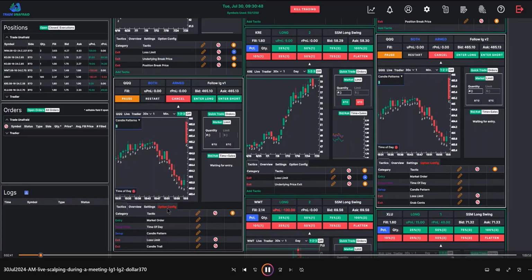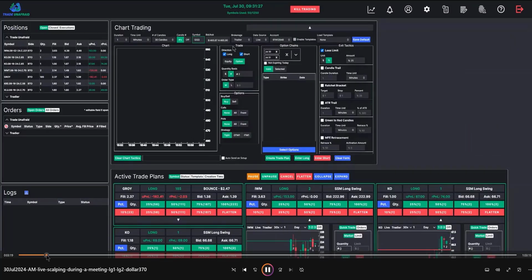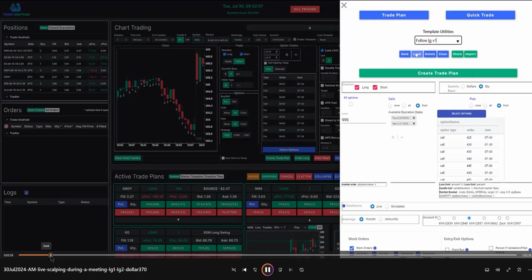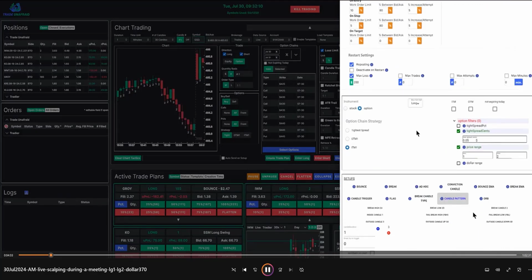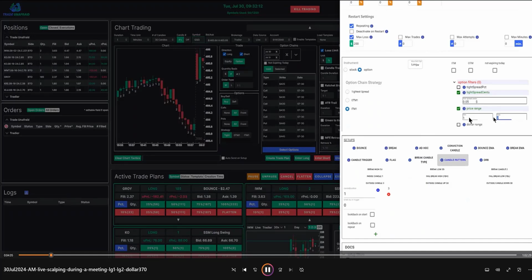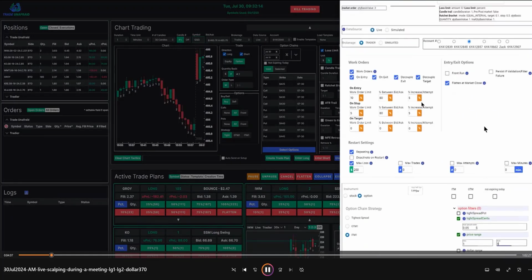Okay, so here's the option config flashing red, and that was because I had a price filter on my trade plan. So what you see me doing in this form is that I'm modifying the filter. So right down here, see, I'm looking for a price between 1 and 2.